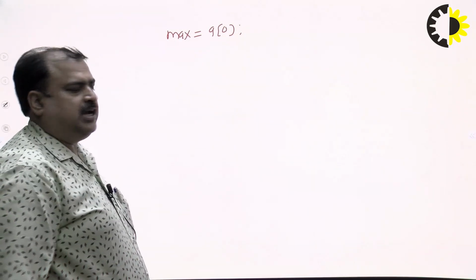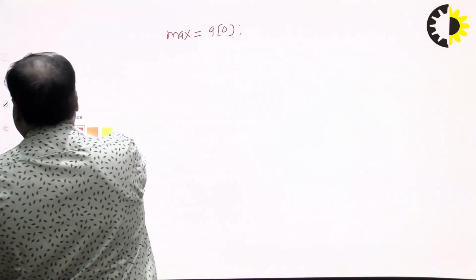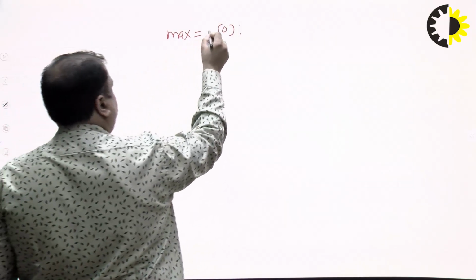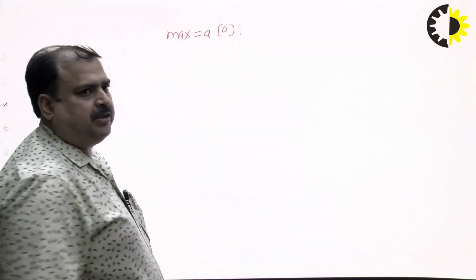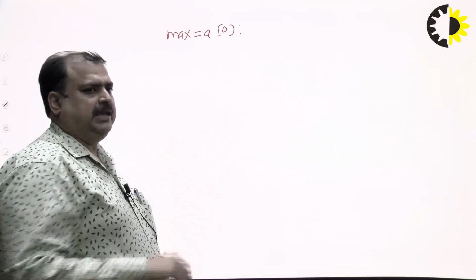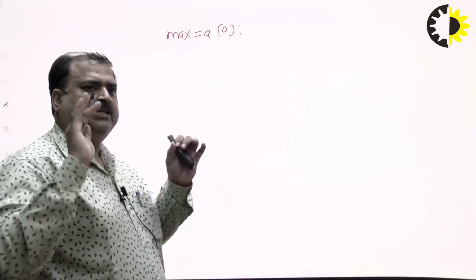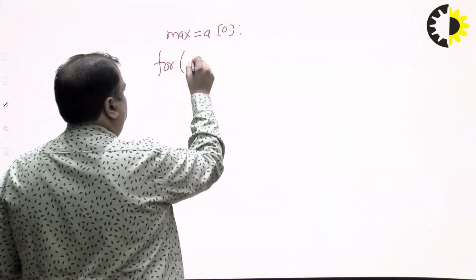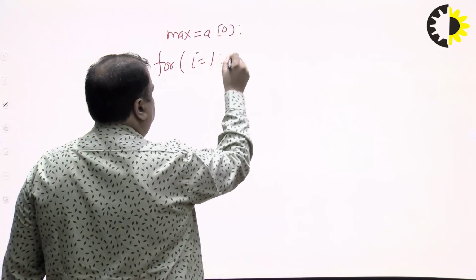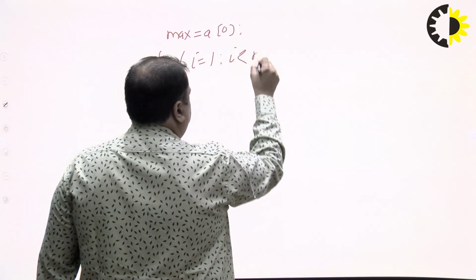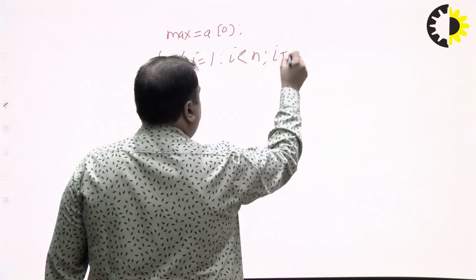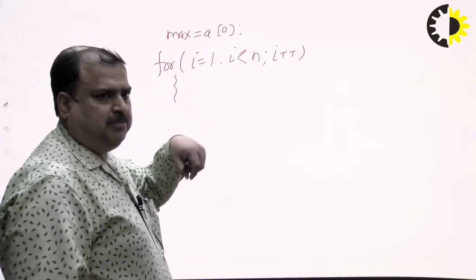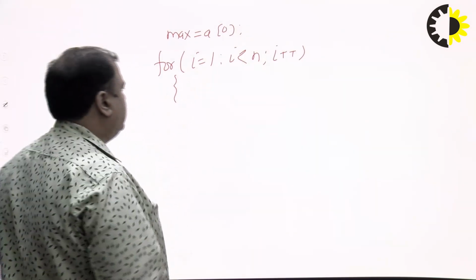That means we are storing the first element into max. We are taking the first element as the maximum element. Then after that we can use a loop: for i is equal to 1, i is less than n, i plus plus. We have used this loop from 1 because a0 we have already taken.